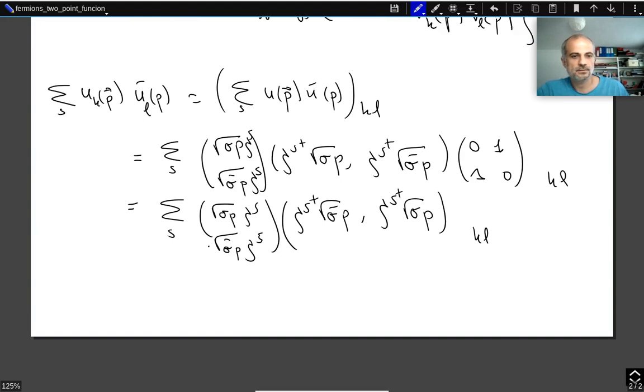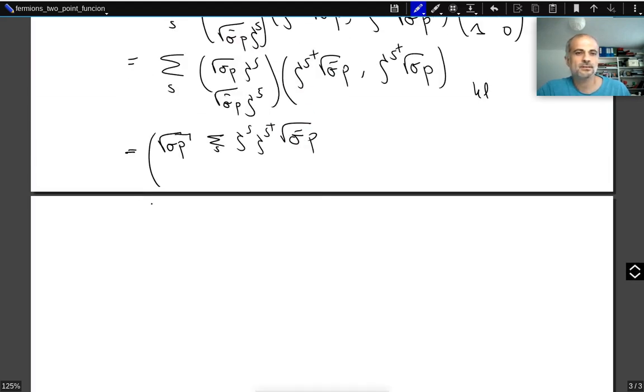Now this is equal to √(σ·p), the sum over s of ψ_s ψ_s†, √(σ̄·p). Note that ψ_1 ψ_1† is the matrix (1 0; 0 0).